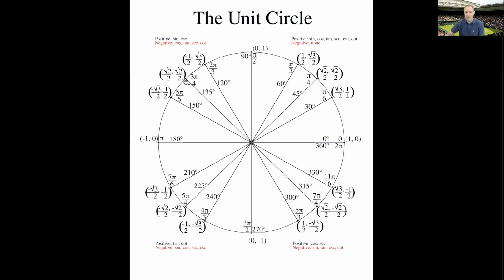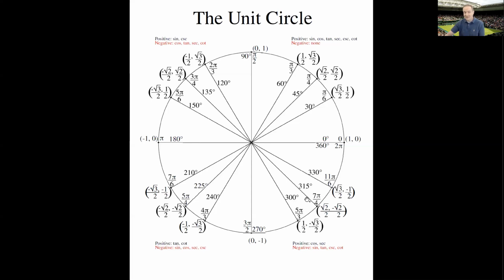What about 3 pi over 4 that splits quadrant 2? It's moving to the left, so its x component has to be the negative square root of 2 over 2. What about 5 pi over 4 down here? It's the exact same two values, except both the x and y components are negative since we're moving to the left and we're moving down. They're both the negative square root of 2 over 2.